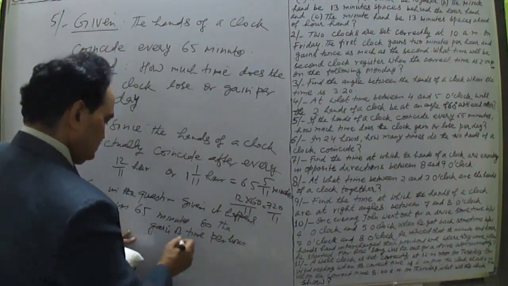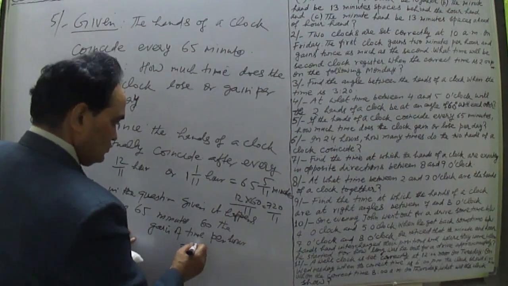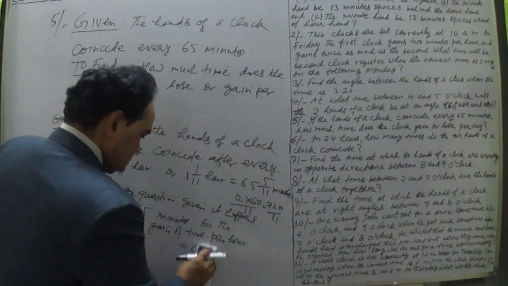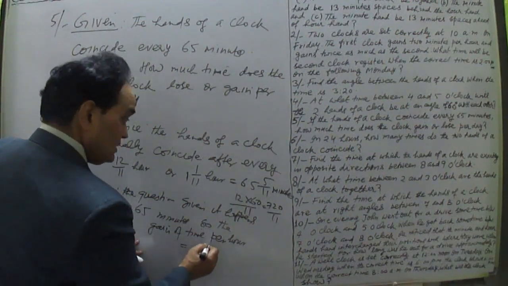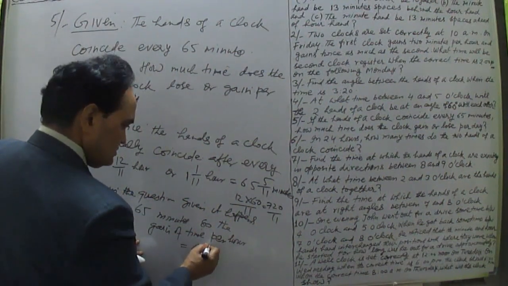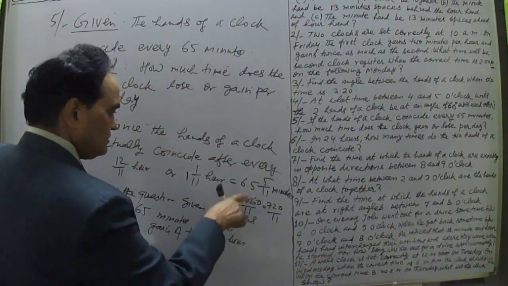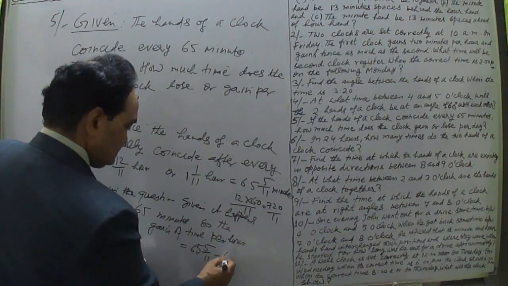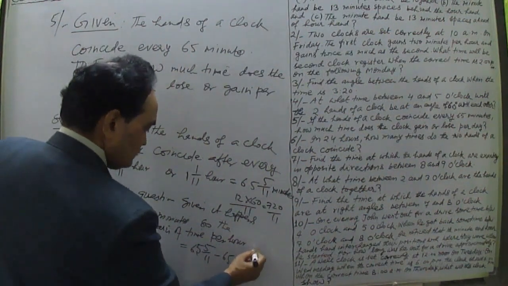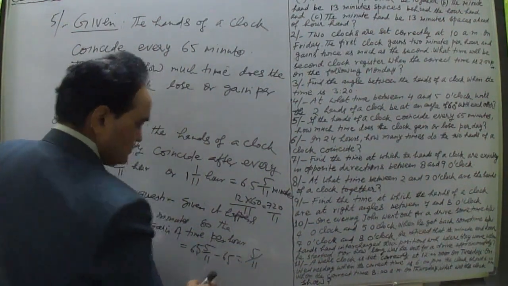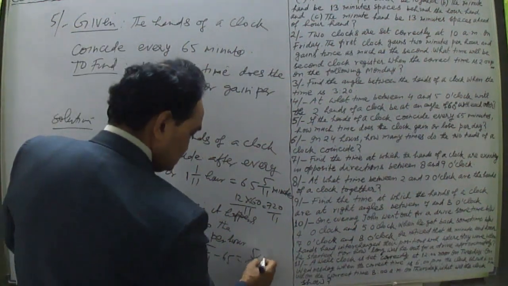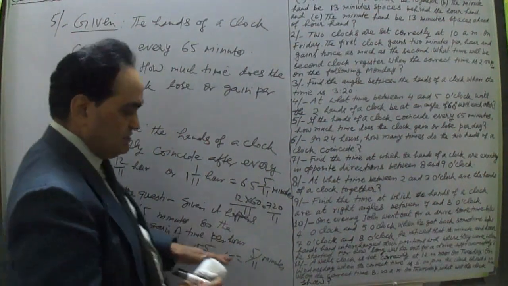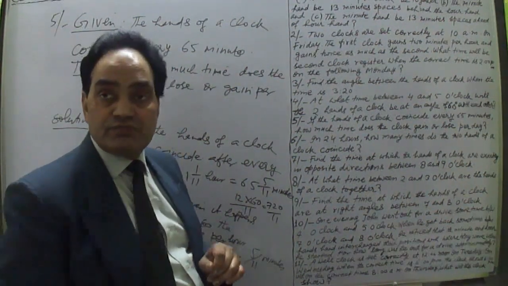or per 60 minutes is equal to 65 and 5 upon 11 minus 65. That means the difference is only 5 upon 11. So 5 upon 11 minutes per 65 is being gained, right?